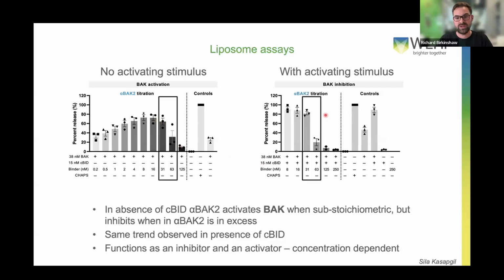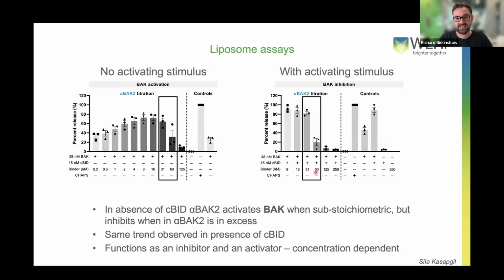In contrast, when we added in an activating stimulus, in this case CBID, which is an activated form of BID that can normally promote BAC to release dye from these liposomes, we see that at low concentrations there's almost complete release of the fluorescent dye from the liposomes, because BID is causing BAC to release.